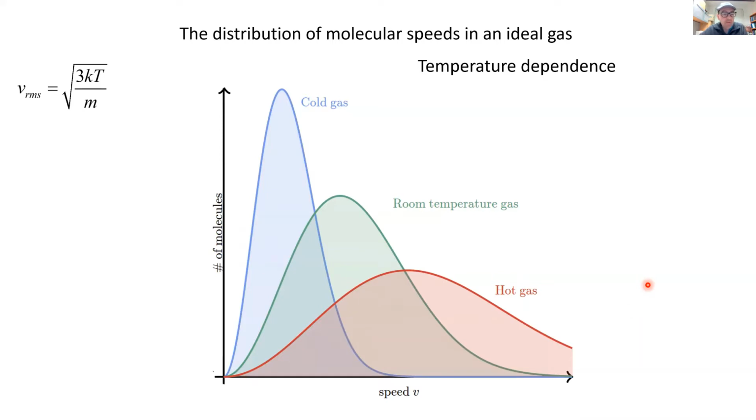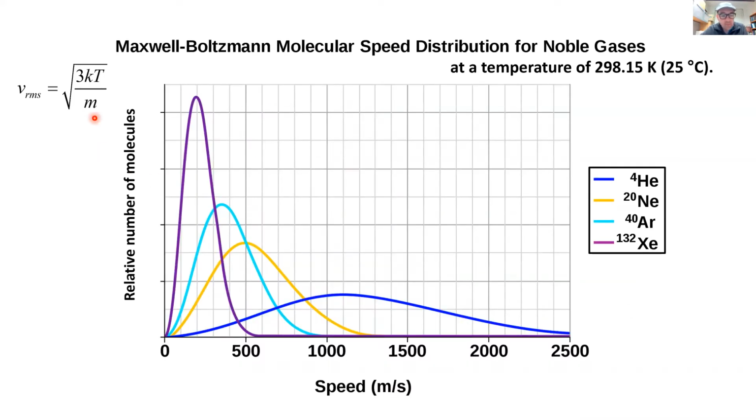All right, so it shifts to the right like that. But VRMS is also inversely proportional to the mass. So if we take gases at a fixed temperature now, fixed amount of gas, and pick different mass molecules, here are noble gases, so these are just the atoms, we see that the distribution for the heaviest molecules, this is xenon 132, is over here in purple, and it shifts to the right for lighter and lighter gases.